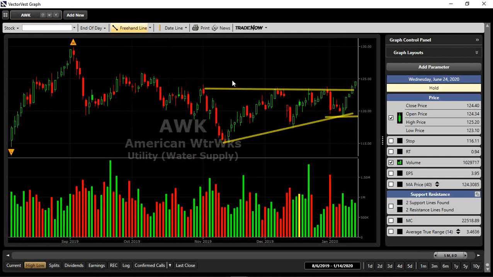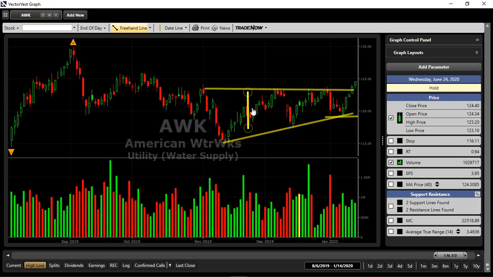Where's your measured move? It's basically the fatness or the width of the triangle. And I don't go all the way back here. I'm not going to look at the first low there. Okay?